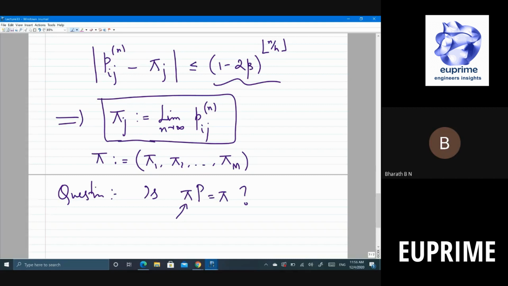This pi j definitely is a probability, because if you sum over all j pi j, it's summing over all j pi j n, which is 1, because these are probabilities. And it's strictly greater than 0. That's something that we proved. And the question is, is pi p equal to pi? Can you comment on that?